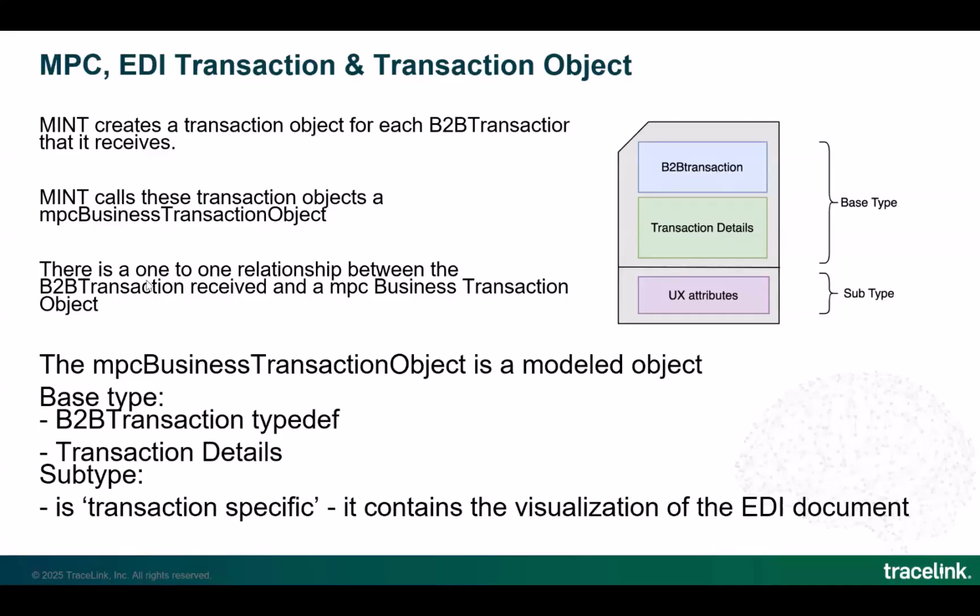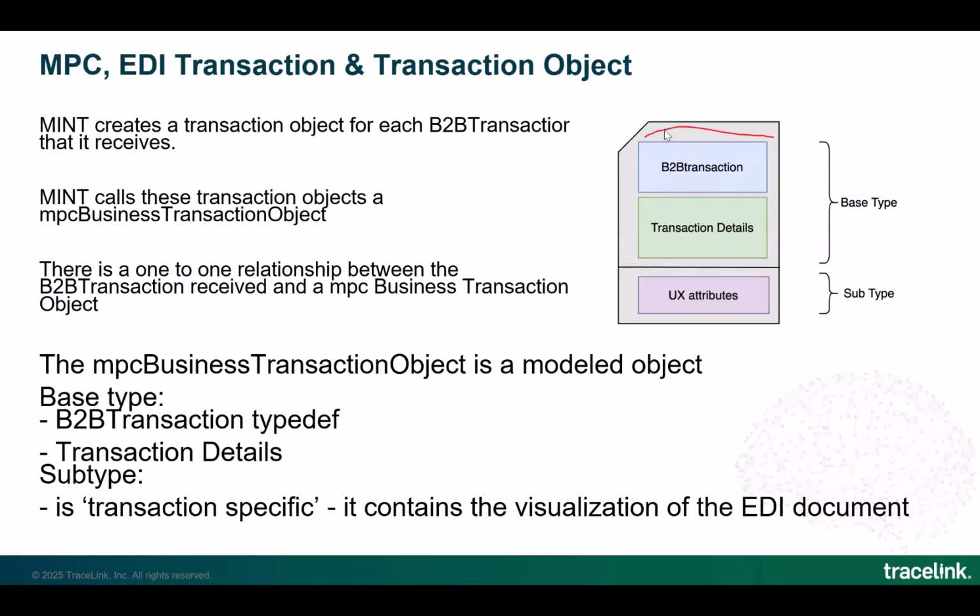So that means there will be 10 separate objects created on Mint as well. Right, and this is what we meant when we said that the 10 transactions will appear on the Mint user interface also. Okay, now this object that gets created has these parts.